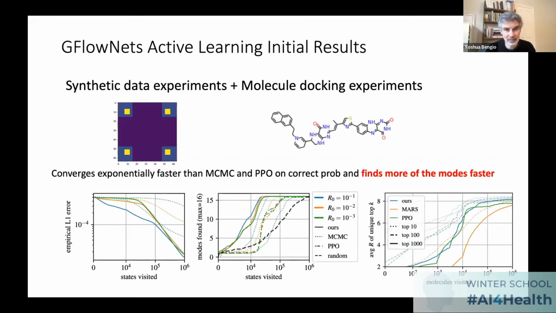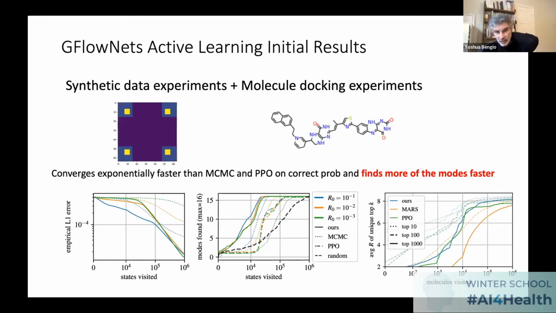Compared to established methods for searching in the space of molecules, either based on traditional RL, PPO being one of the most commonly used ones, or MCMC methods used for sampling molecules, if we draw these curves of how many things I need to query in order to get something good, that's the middle figure, we can see that it discovers good solutions much faster.